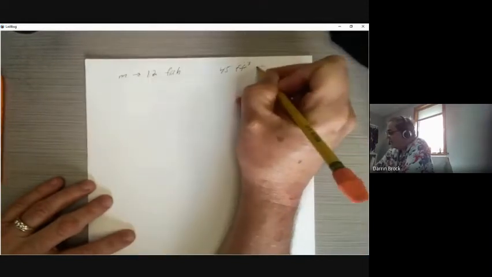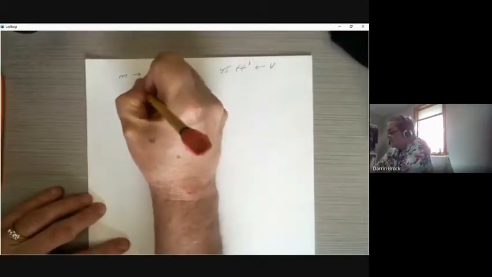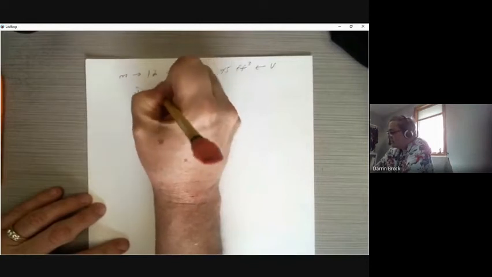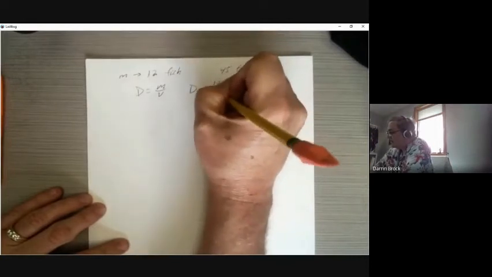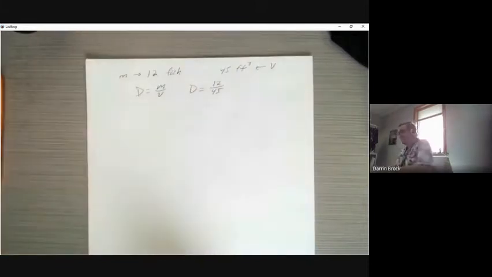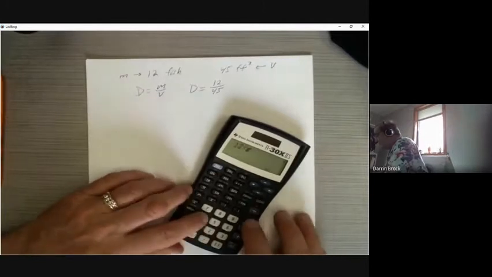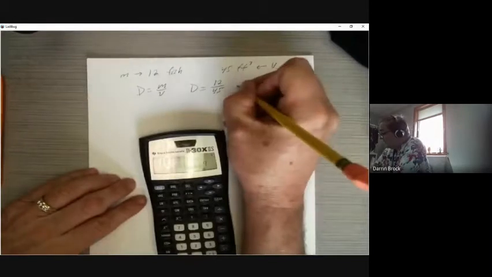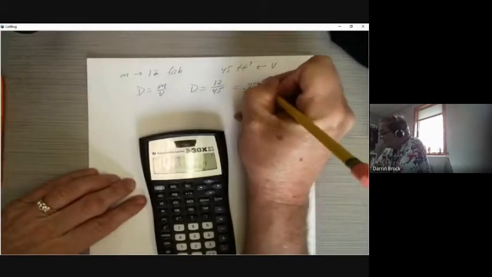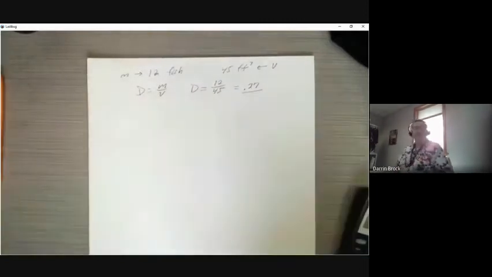And how much water it holds, that's the volume of the tank, right? So since density equals mass divided by volume, the density equals 12 divided by 45, which we can calculate. 12 divided by 45 is 0.26 repeating. So we'll round that to 0.27.